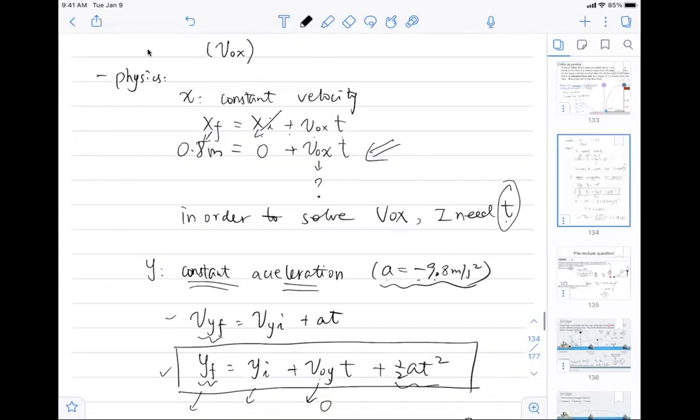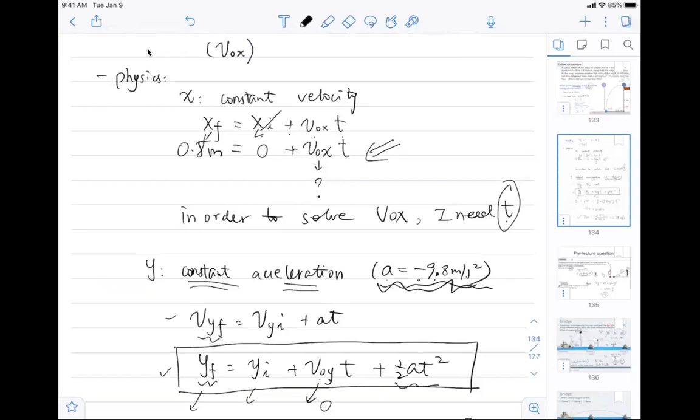Why would it be negative if it's going upwards? Upward is what I want to consider to be the positive direction. Whichever is in the same direction as upward, that's what I consider positive, but acceleration is down. So that's why acceleration is negative.